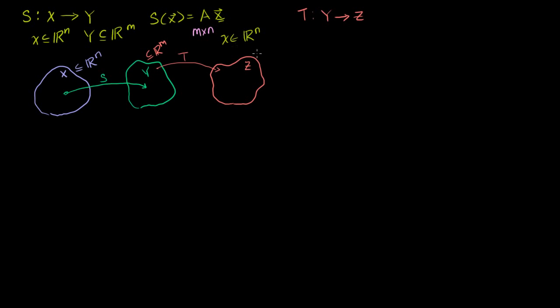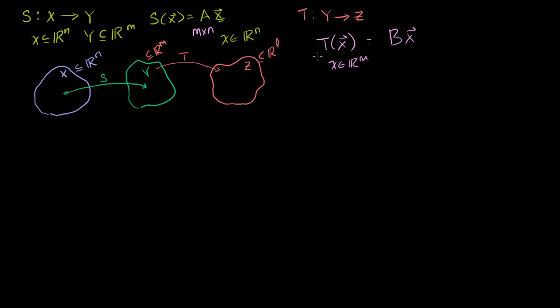And let's say that Z is a subset of RL. I'm running out of letters. Then what's the transformation T? What's its matrix representation going to be? We know it's a linear transformation, so it can be represented in this form. We could say that T of x, where x is a member of Rm, is going to be equal to some matrix B times x.